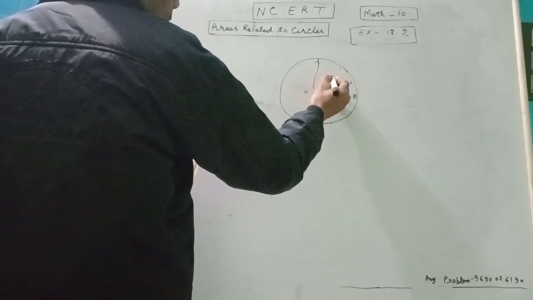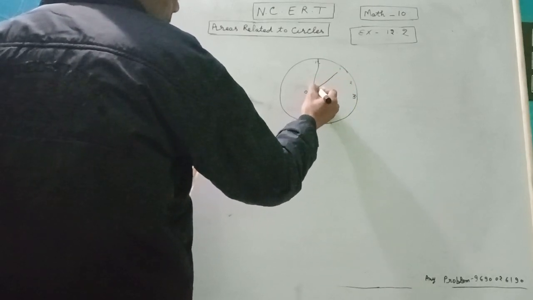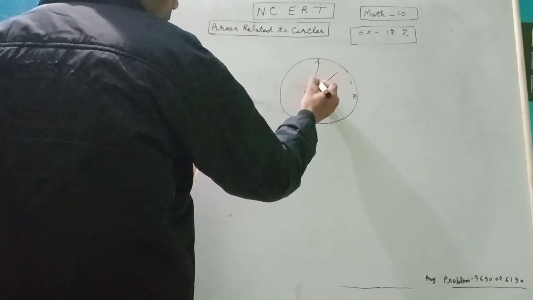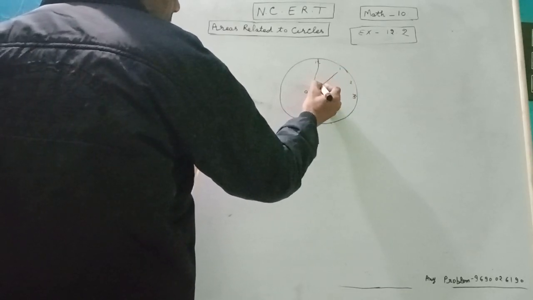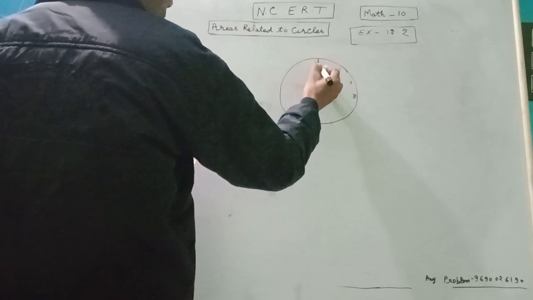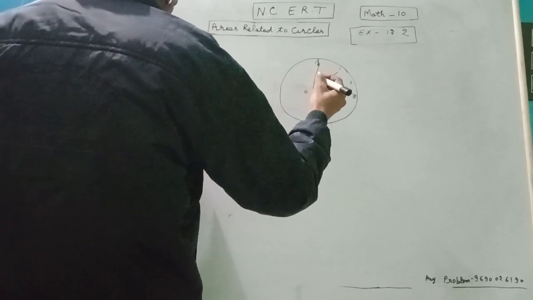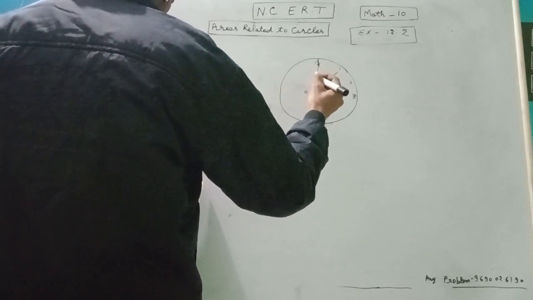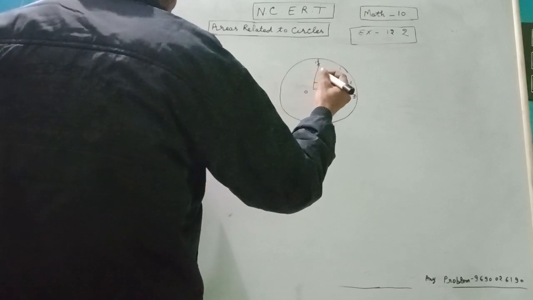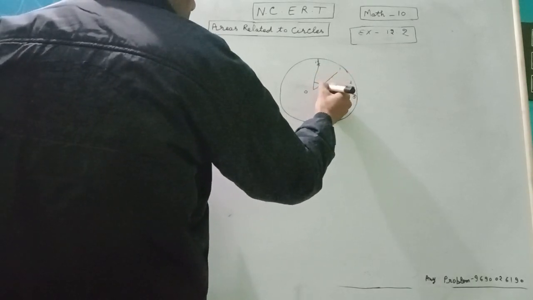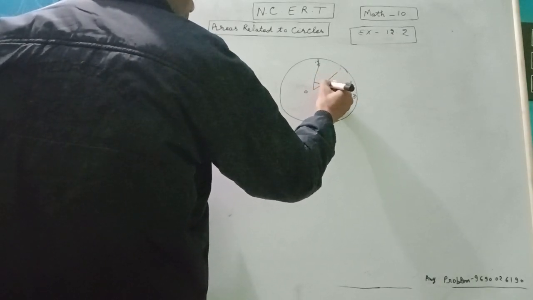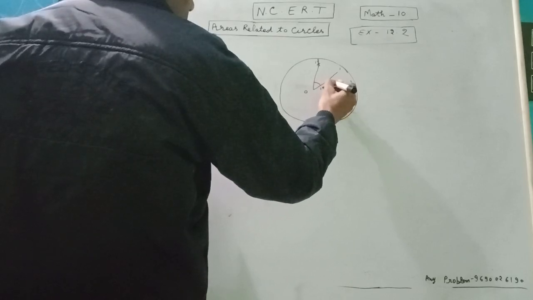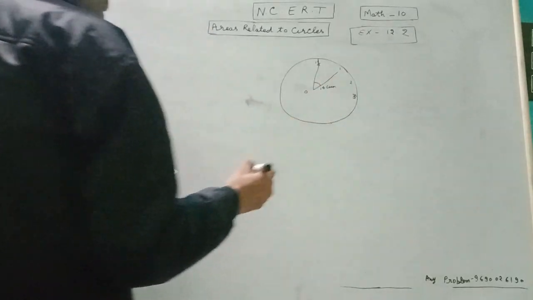The length of the minute hand, 14 cm, will be the radius of the circle.